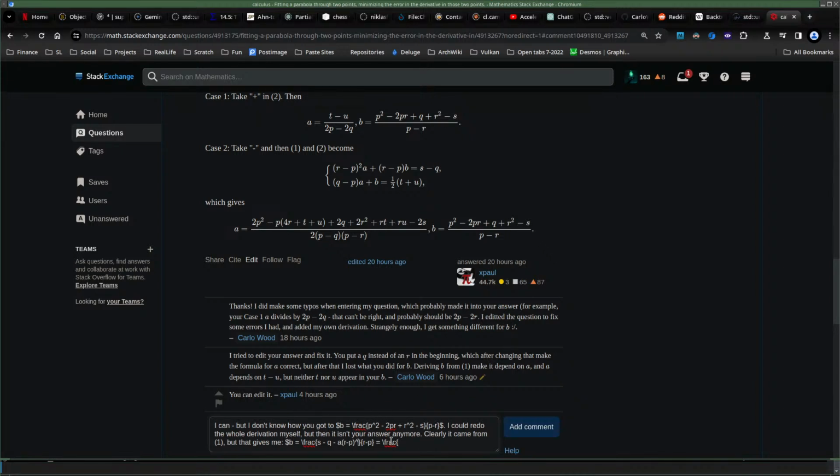Squared, you can negate both sides. I get a times r minus p squared plus q minus s.